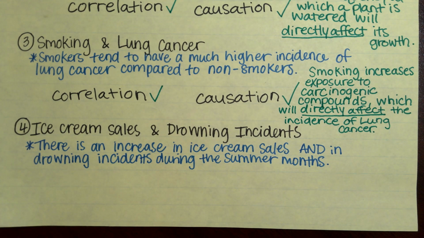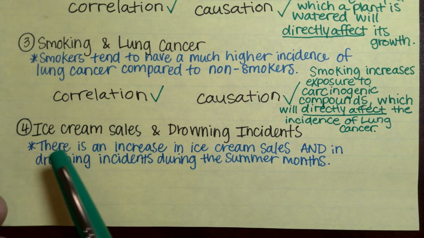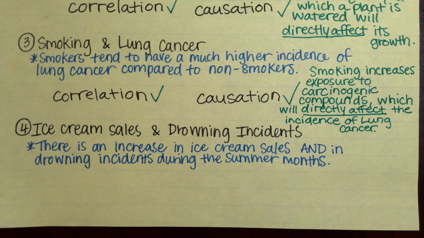Number 4 is a really interesting one. Somebody decided to compare data between ice cream sales and drowning incidents. Why? I don't know. It turns out somebody was looking at different bar graphs, or I don't know what these would be, probably a histogram. We'll learn about those later.